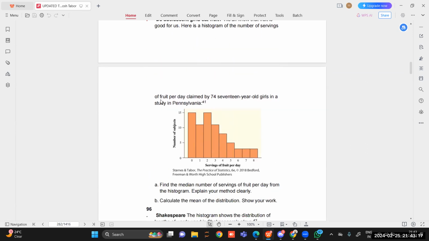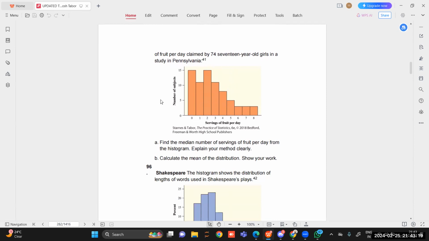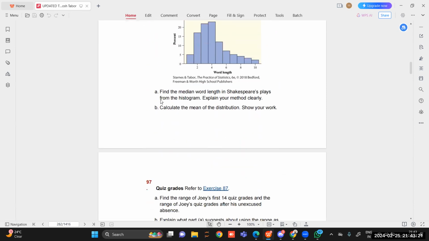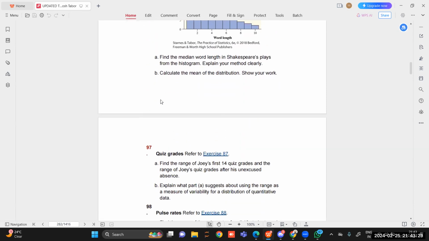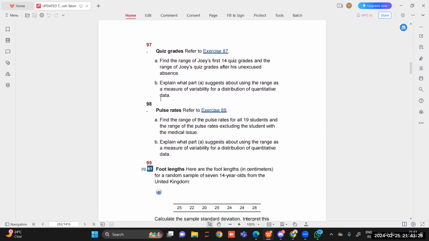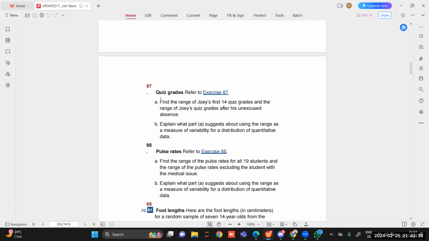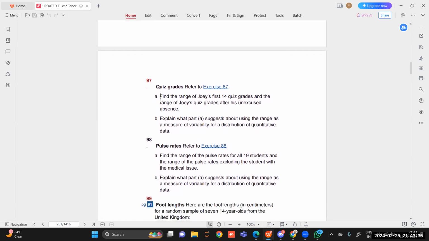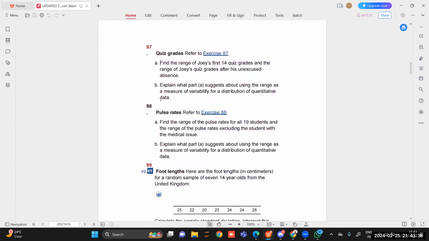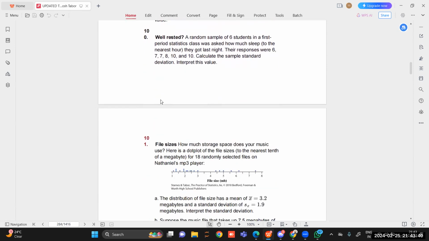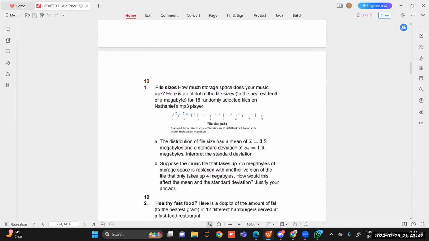Do it as homework. Mark that homework, 95 and 96. This can come in your exam. So he's telling us to find the range. You know how to find the range? Maximum minus minimum.